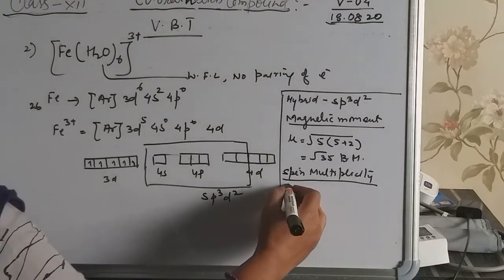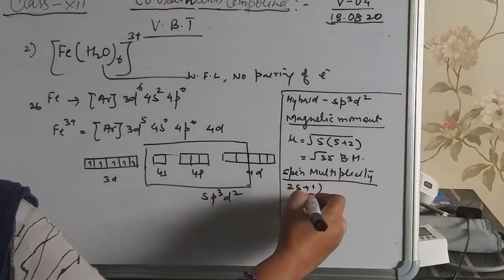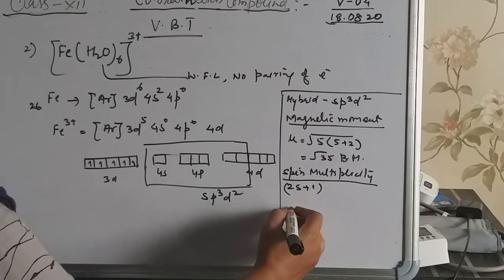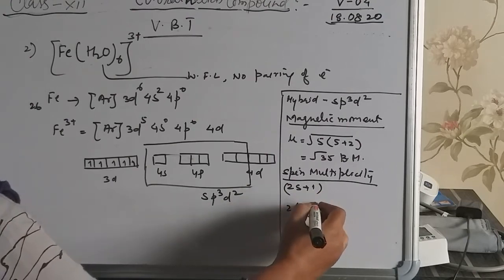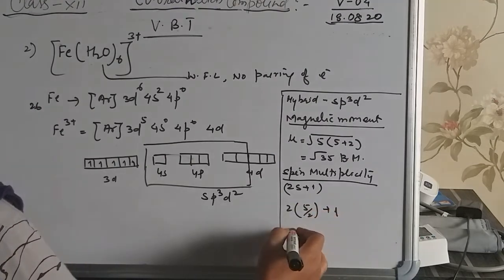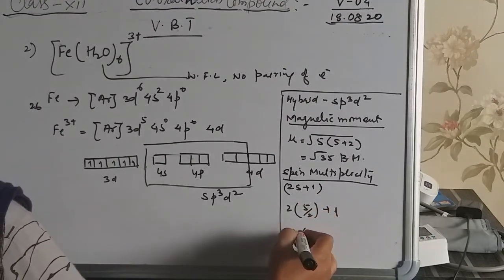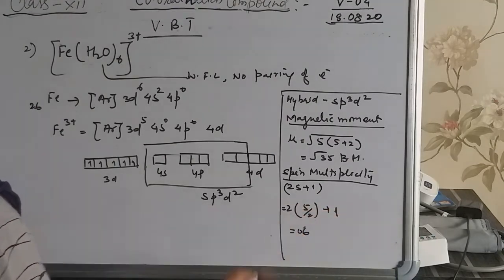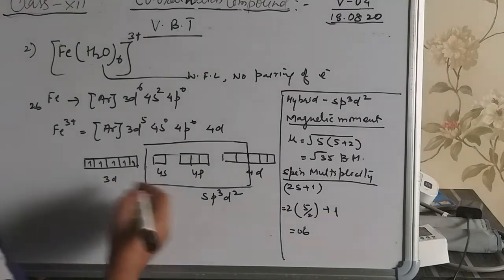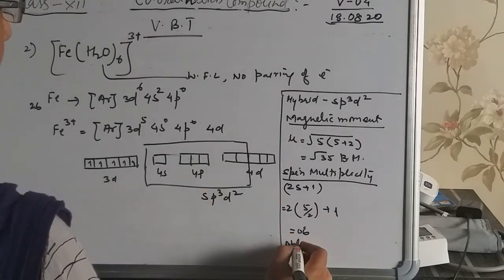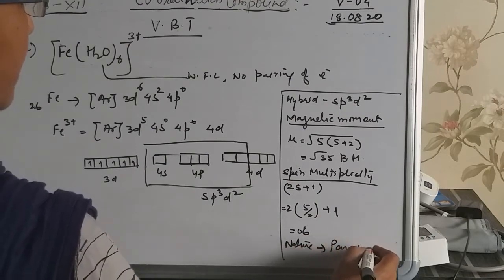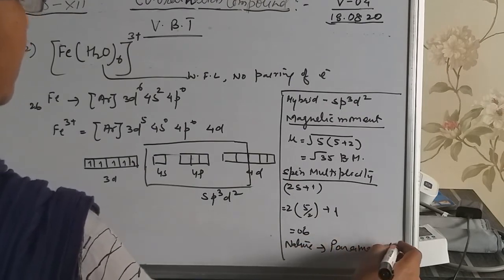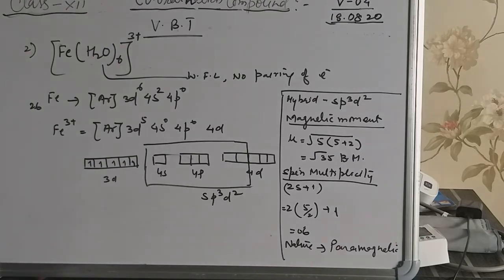The formula of spin multiplicity is 2S plus 1, so 2 times 5 by 2 plus 1, total 6. And what will be the nature of this particular compound? Due to unpaired electrons, the nature is paramagnetic.